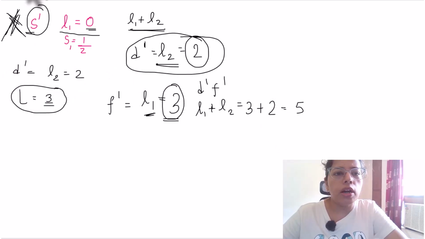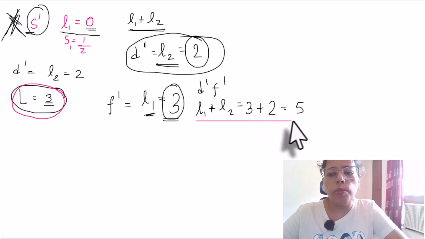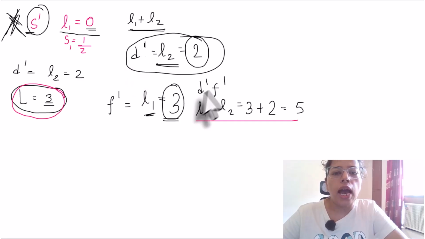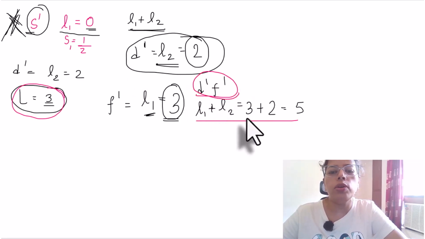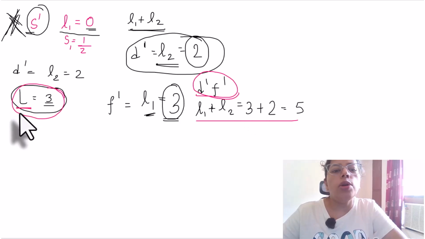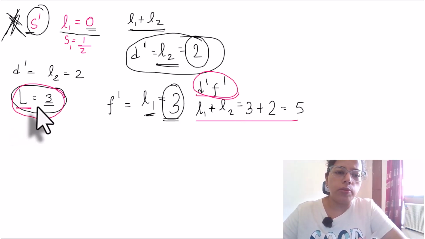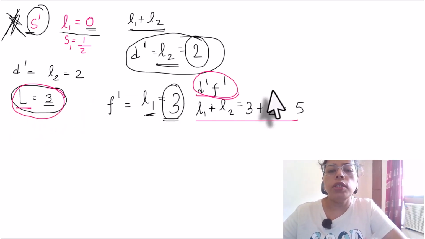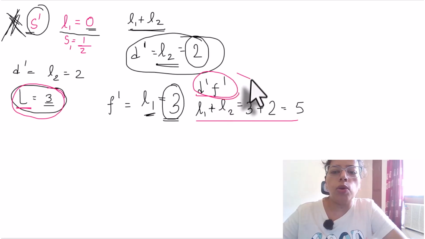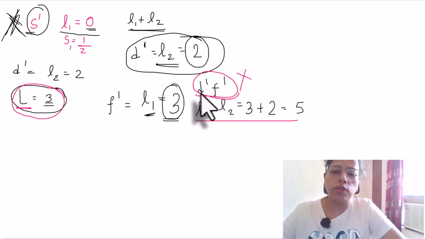But according to our ground state term, we have L1 plus L2 equal to 3. So this combination of D1 and F1 also does not satisfy the total orbital angular momentum quantum number value of 3. So D1 and F1 is also struck out from our options. This D1 F1 cannot satisfy the summation of L1 plus L2 equal to 3.